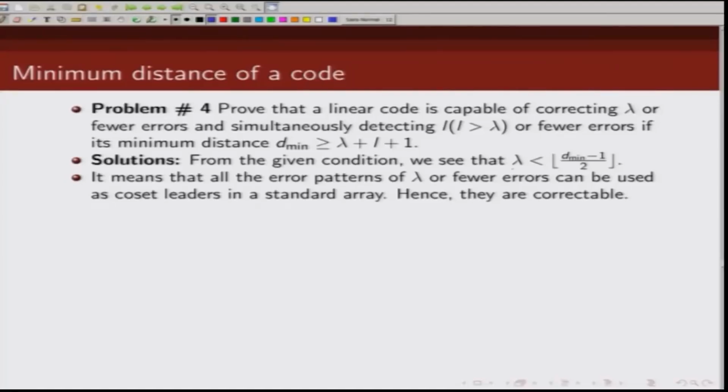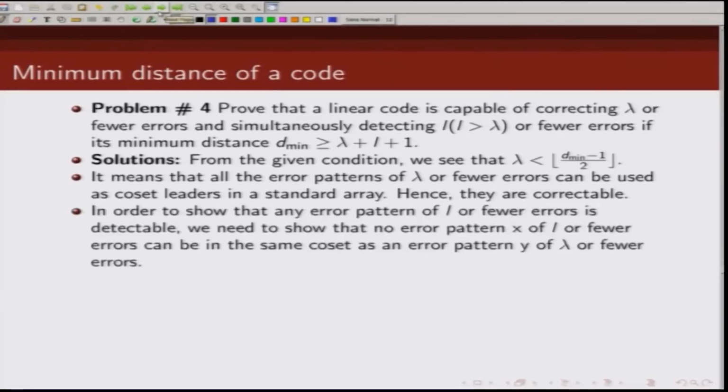Now, since lambda errors can be corrected, we can put all error patterns of lambda or fewer errors as coset leaders in our standard array, and they can be correctable.